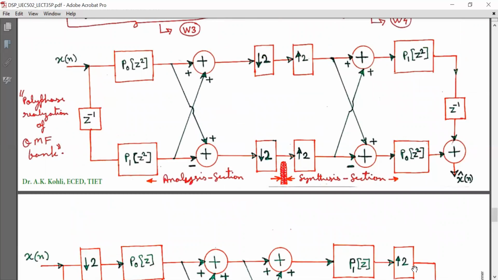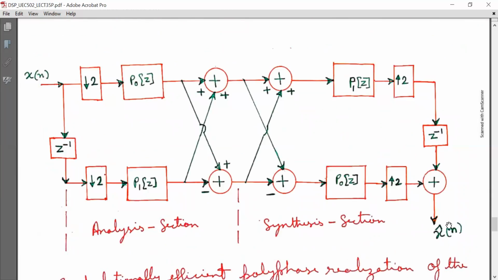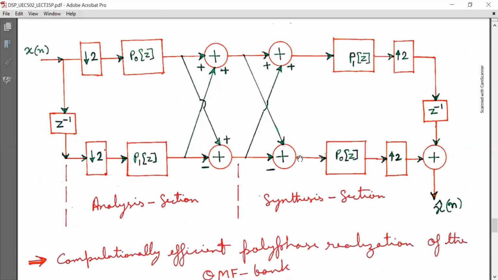The output of both configurations will be the same, that is, x cap n. But the implementation of this configuration is computationally efficient. So we will prefer this for QMF bank.